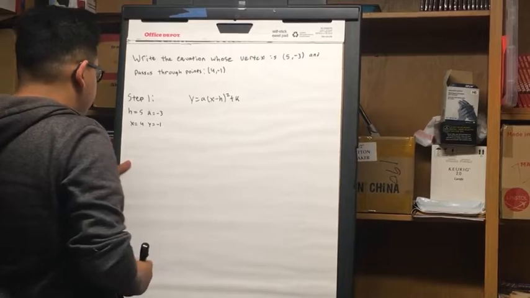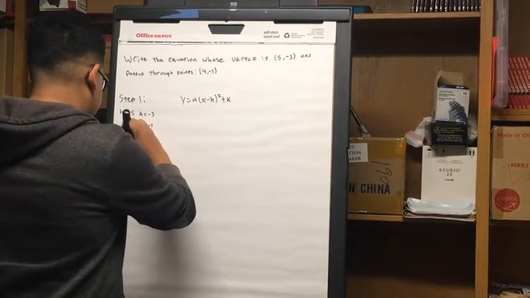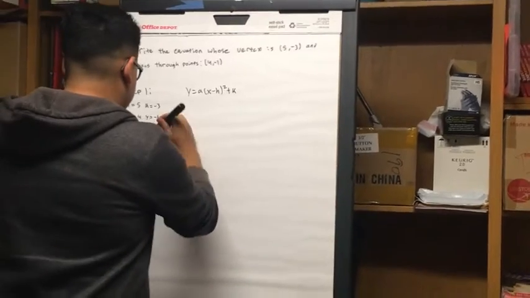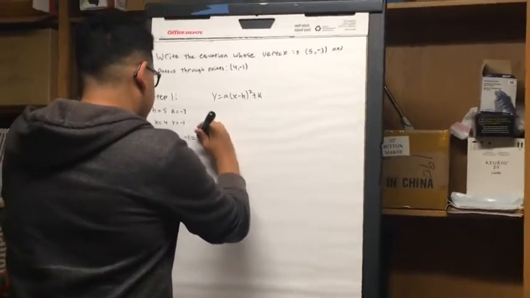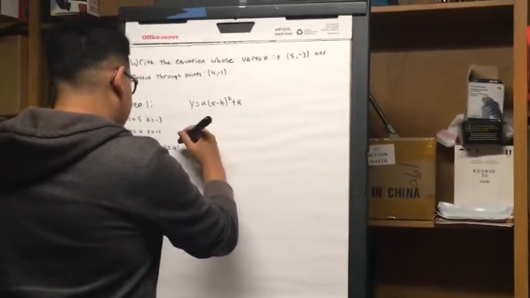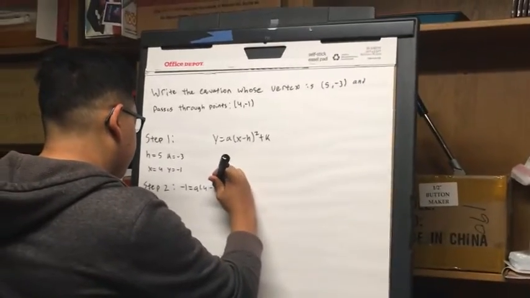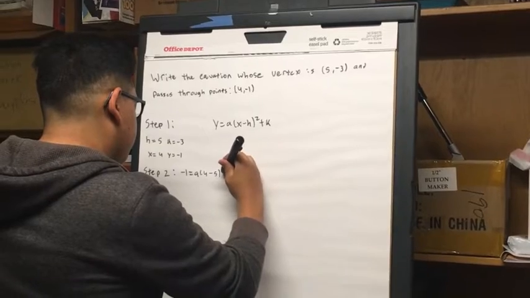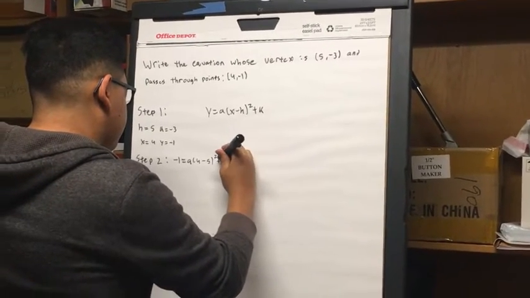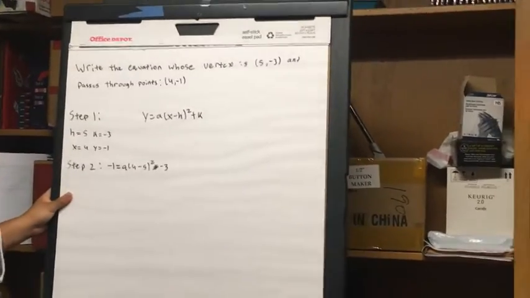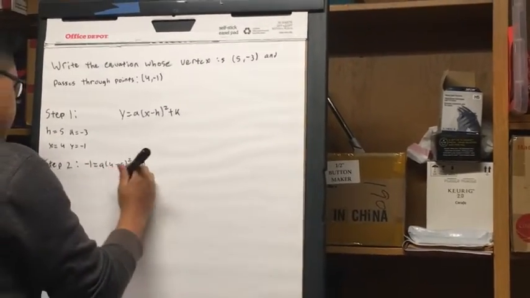Okay, so now for step 2, we're going to plug it in. So then y is equal to negative 1. Negative 1 equals a parentheses 4 minus 5 squared plus, well, minus 3. So then we're going to solve for it. Minus 3.